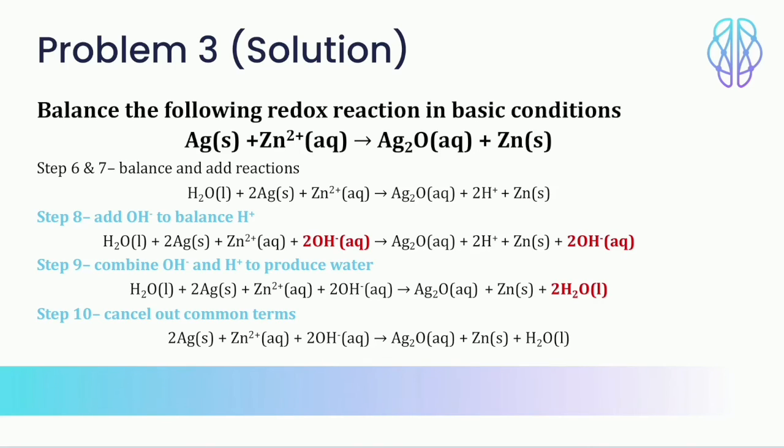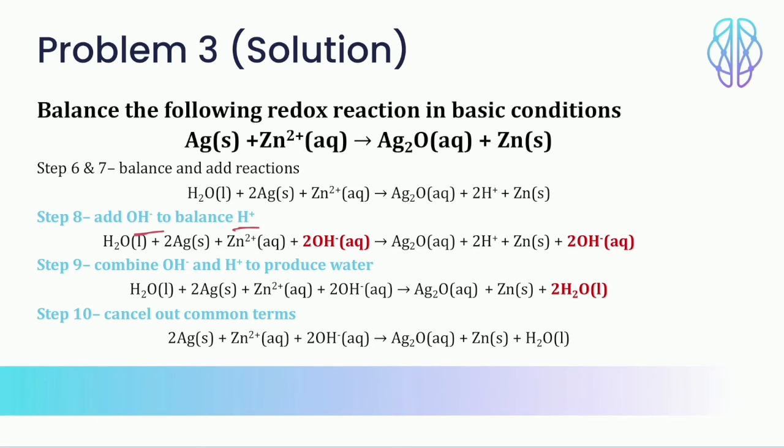Now, this is where our balancing in a basic solution is going to become a little bit different from our balancing in an acidic solution. Right now, we'd be at the solution if it was an acidic one, but because it's basic, we're going to have to add OH minus to balance out our hydrogen protons.